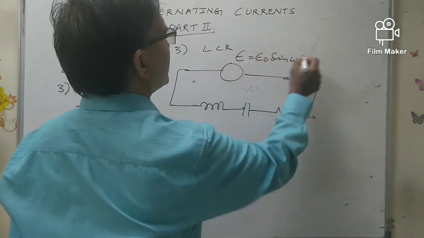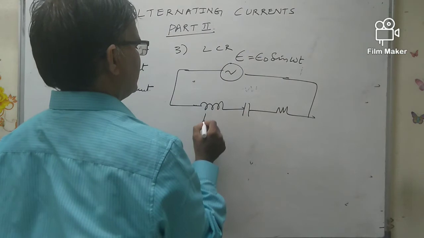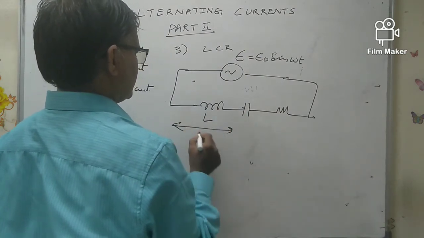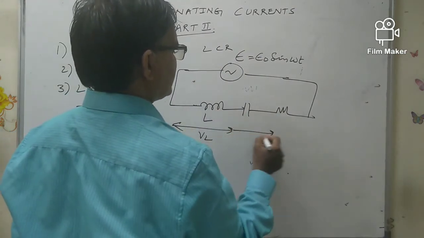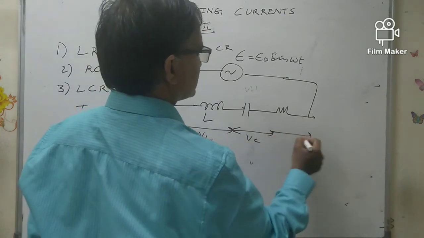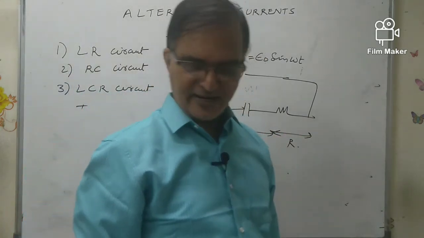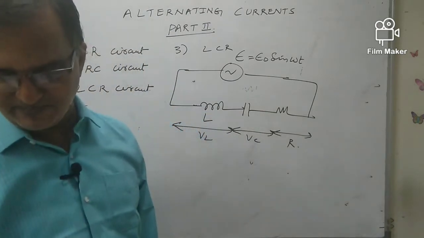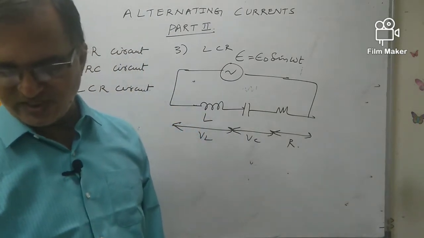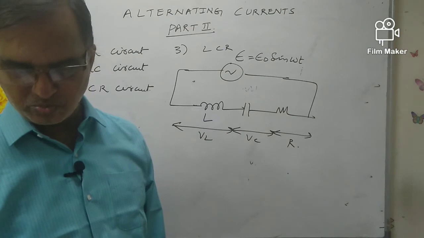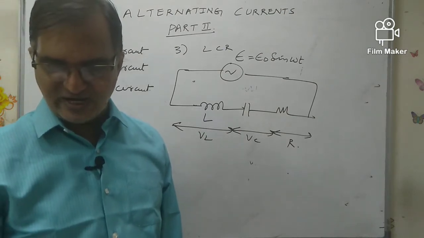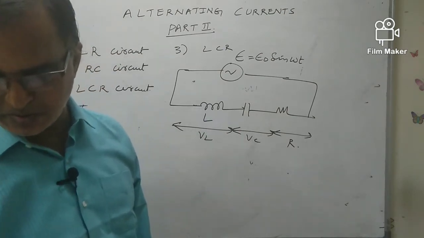The input signal is E naught sin omega t, this is the inductor, this is the capacitor, this is the resistor. Now in this you find the phasor diagram for the LCR circuit.